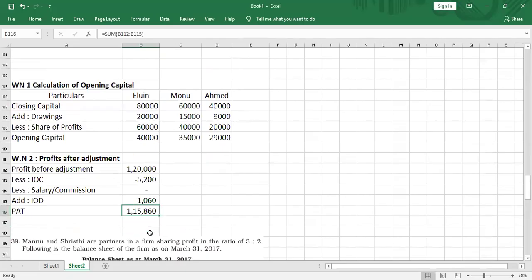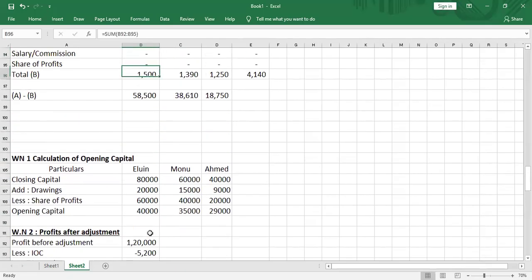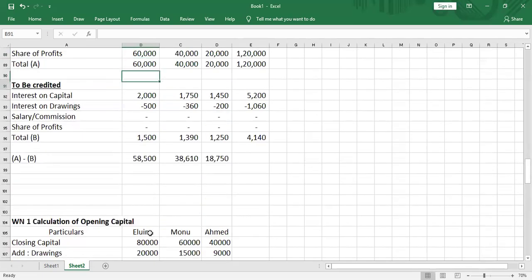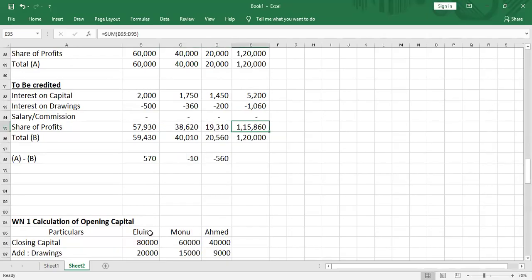That is 1,15,860, my dear children. So this 1,15,860 will be 1,15,860 into 3 by 6, 1,15,860 into 1 by 6.